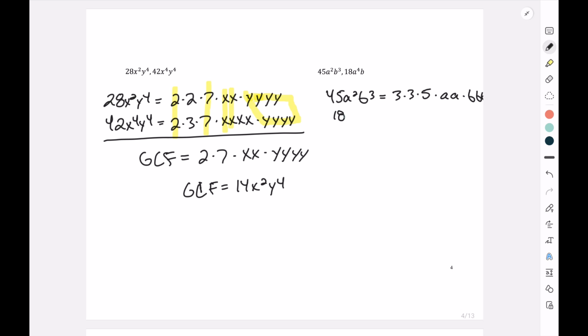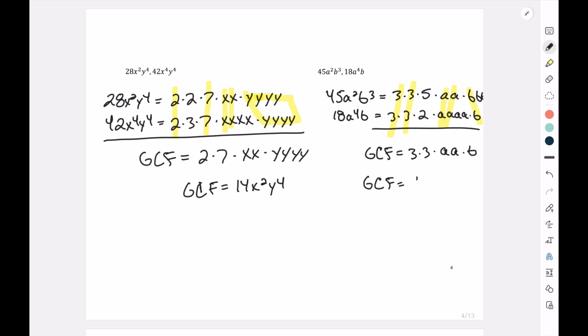And for 18a to the 4th b, we would have 3 times 3 times 2 times 4 a's and 1 b. So if we bring down what's in common, we can see that we have two 3's in common, 2 a's in common, and we would only have 1 b in common. And so our greatest common factor would be 3 times 3 times 2 a's times b, so our greatest common factor would be 9a squared b.